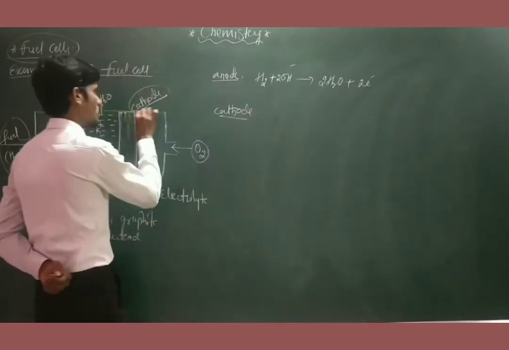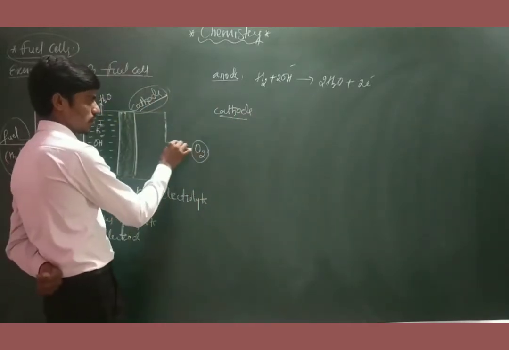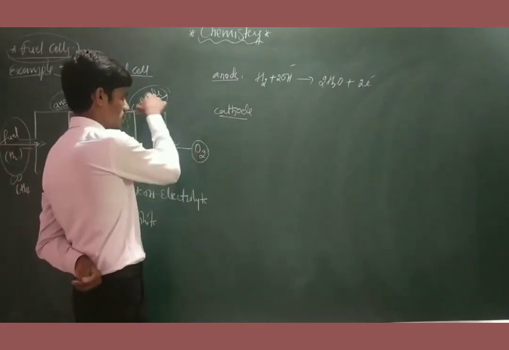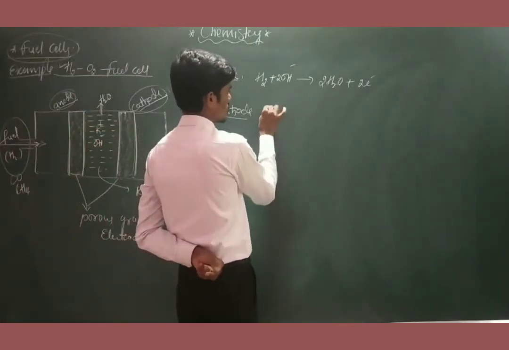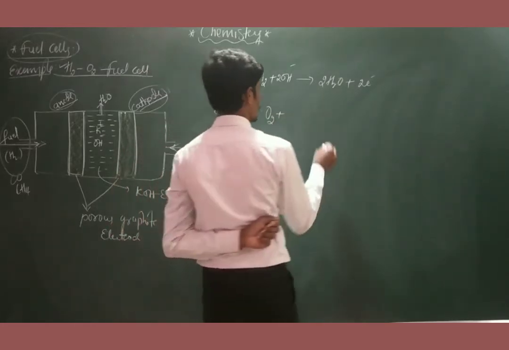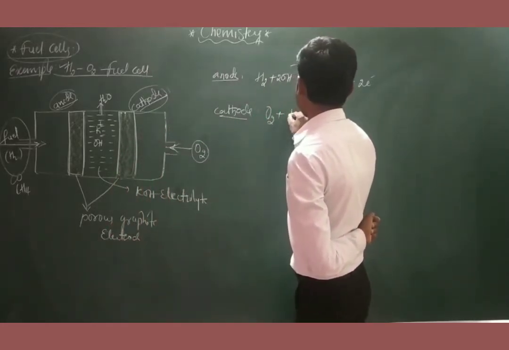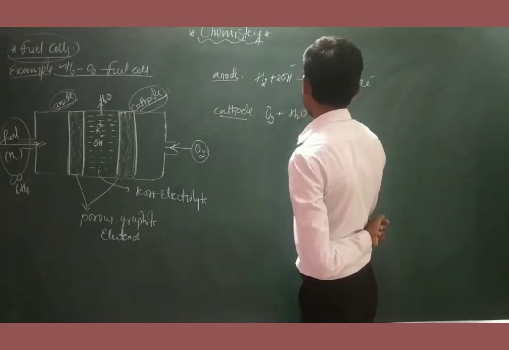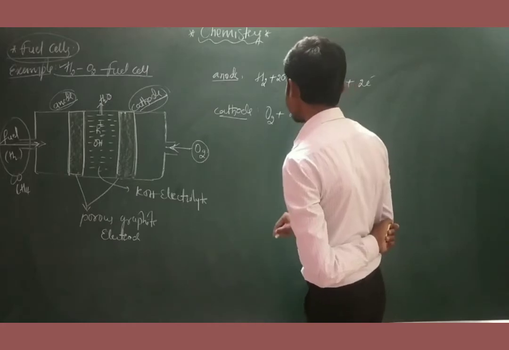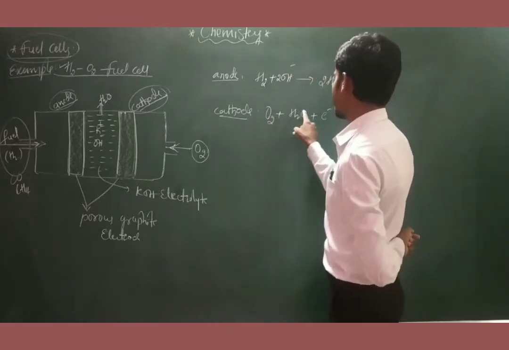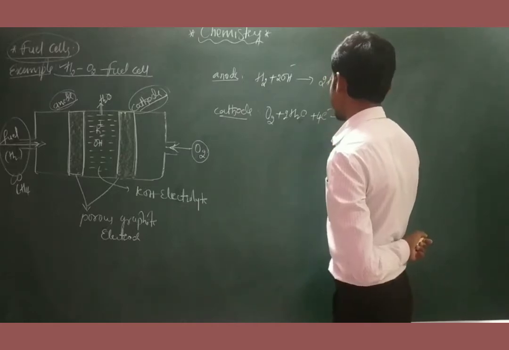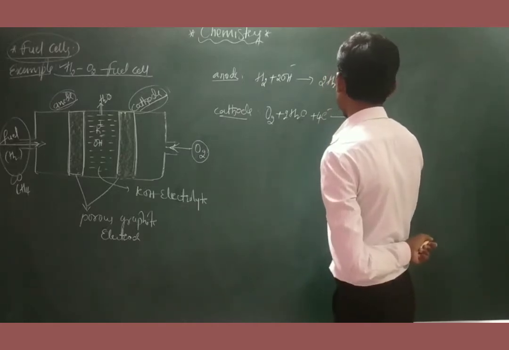So here in the cathode compartment, we are passing oxygen gas, where this oxygen gas is reduced at the cathode. So oxygen O2, it gets reduced in the presence of water plus electrons. How many electrons? 2 plus 2, 4 electrons. This gives rise to 4 OH minus ions.